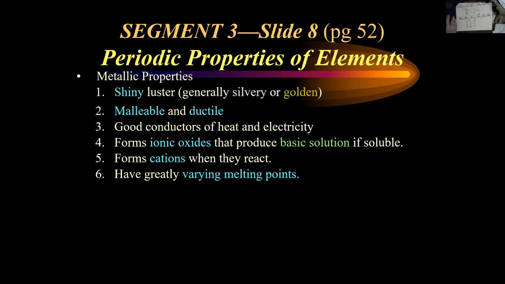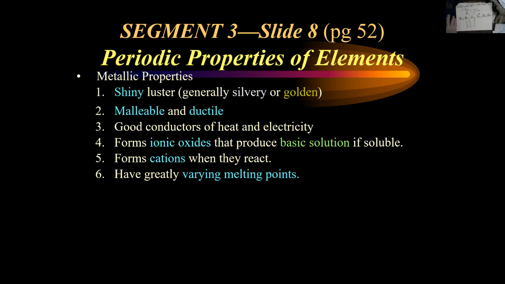And the melting points can vary all the way from below room temperature to several thousand degrees. Tungsten, that we used to use in incandescent light bulbs, you still do if you still got a few of them around. That has a very high melting point, which means I can pass so much current through it that it gets white hot before it even melts.